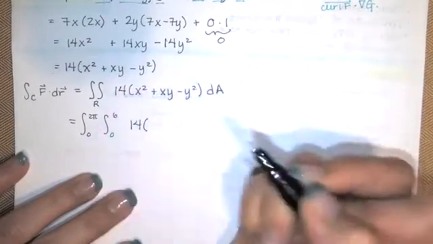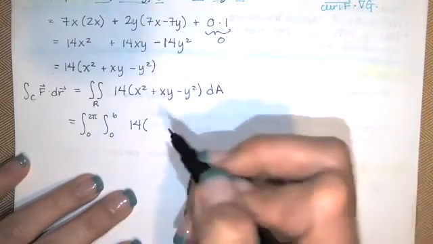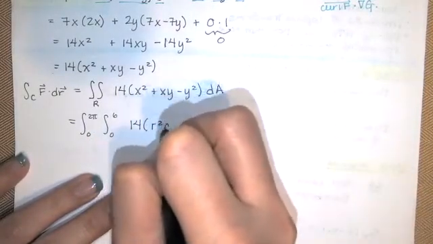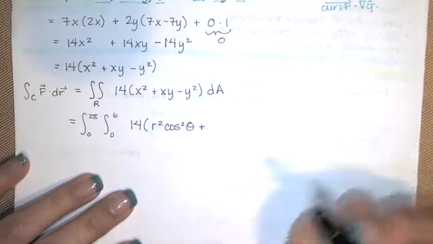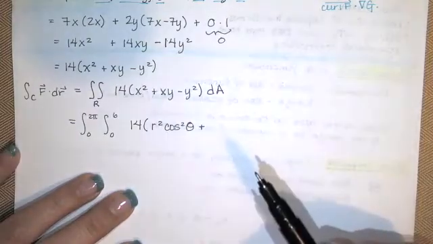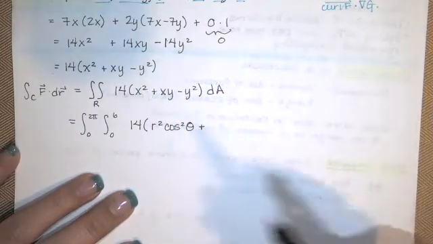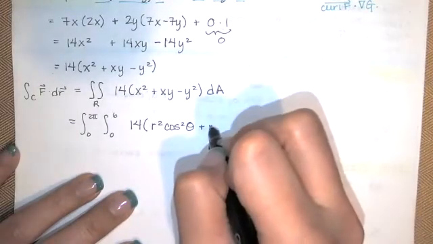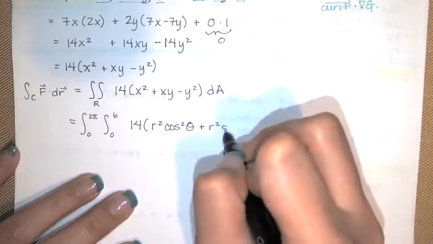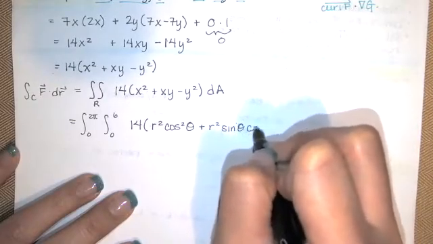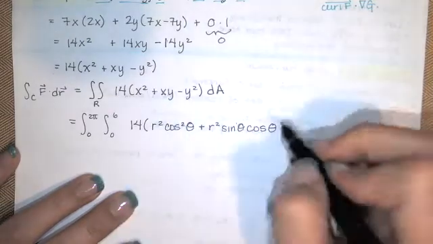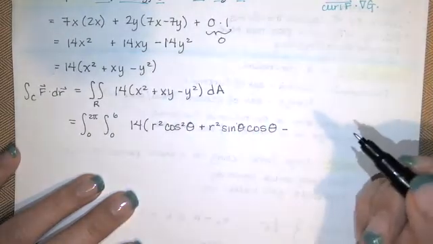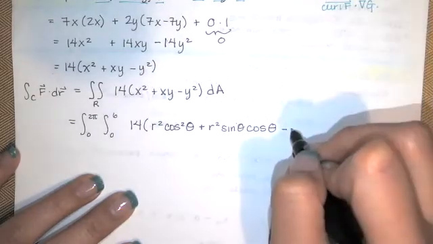So you have 14 times, remember x is r cosine of theta. So if I square that, I'll have r squared cosine squared theta. And then we have x times y. X is r cosine of theta and y is r sine of theta. So we're going to have r squared times sine of theta cosine of theta. And then we have a minus y squared. Y is r sine of theta.